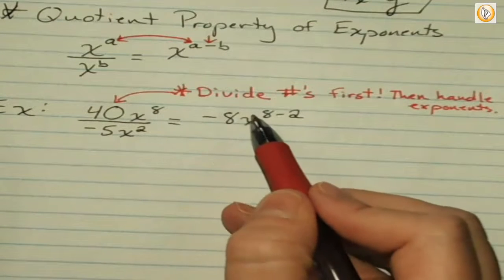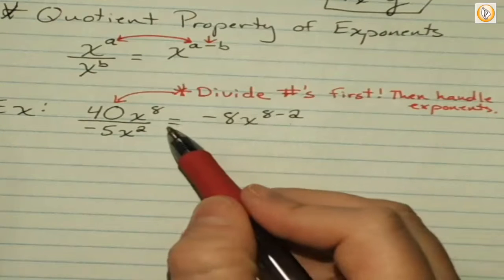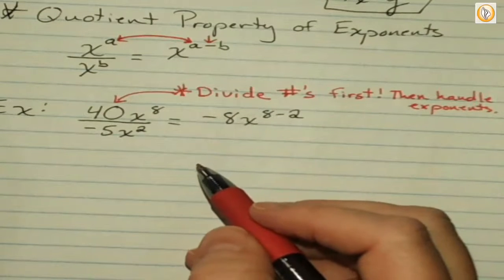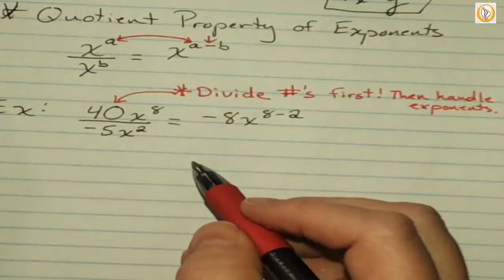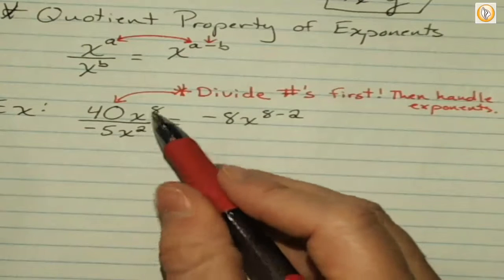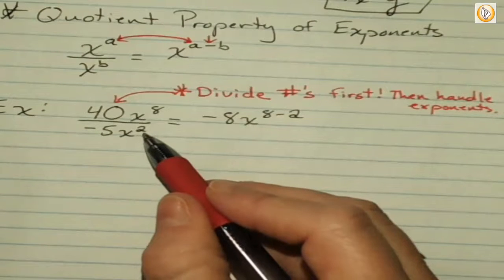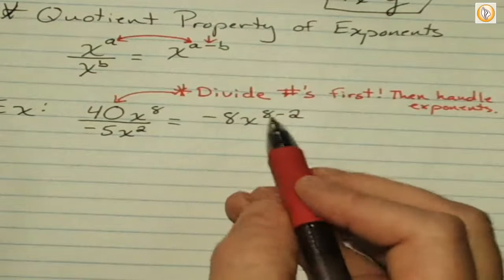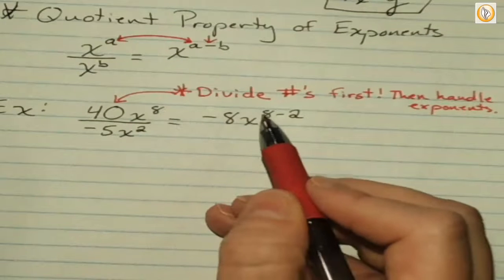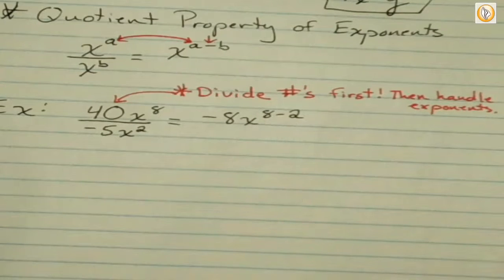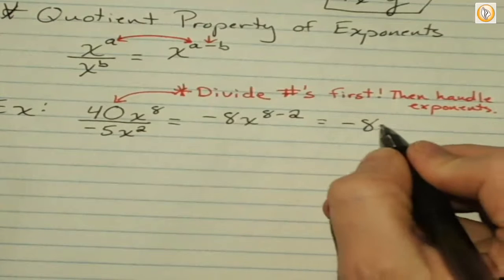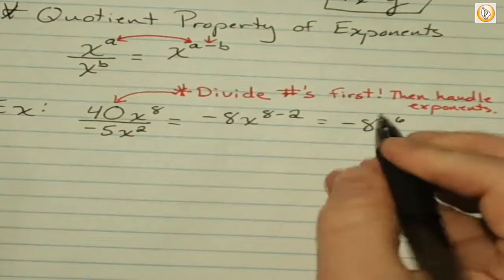So it's gonna be 8 minus 2. Do not do 2 minus 8. You will get a wrong answer. Even if this number down here is larger, let's say it's switched. If it was 2 and 8 right here, you're going to automatically want to do the large one first. No, no, no, no. It's always the first one first. So 8 minus 2. And that gives me -8x to the 6th power.